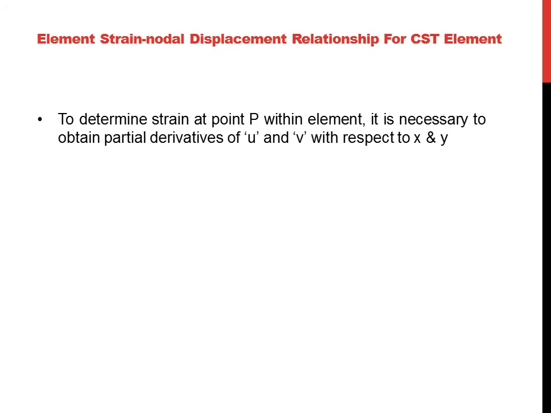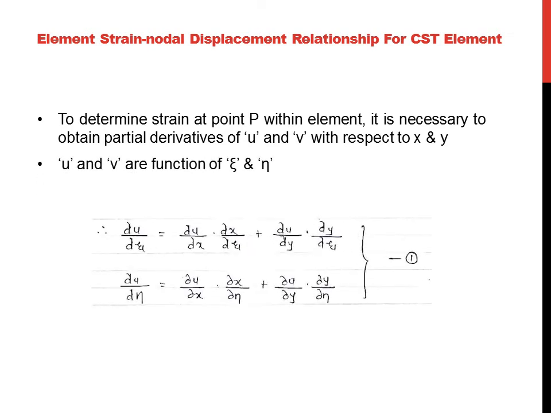Now we will see local and natural coordinates for the CST element. See, in this diagram, in the first figure A, the local coordinate system for the constant strain triangle is shown. In that, u1 and v1 are the displacements at node 1, while the coordinates of node 1 are x1 and y1.